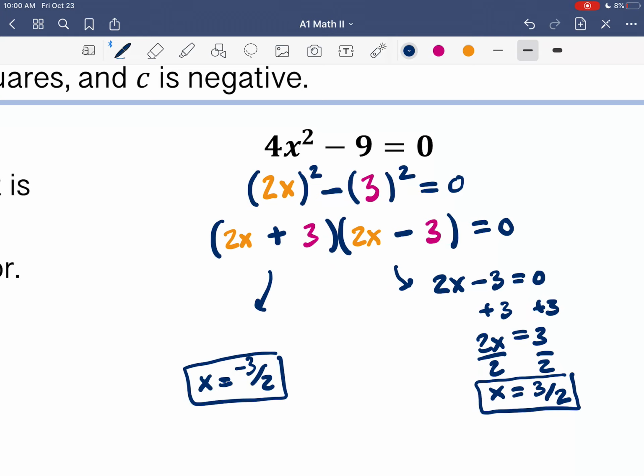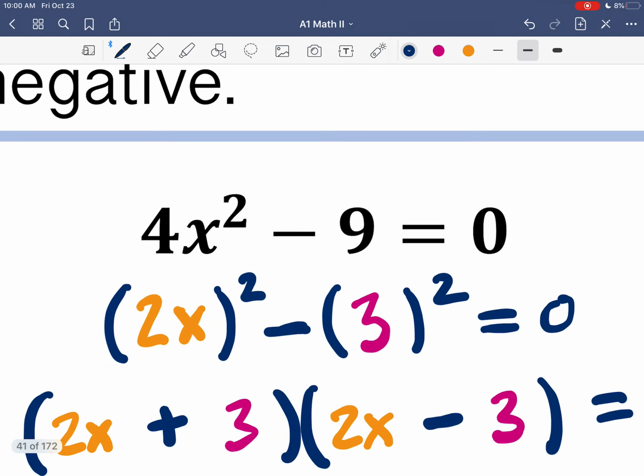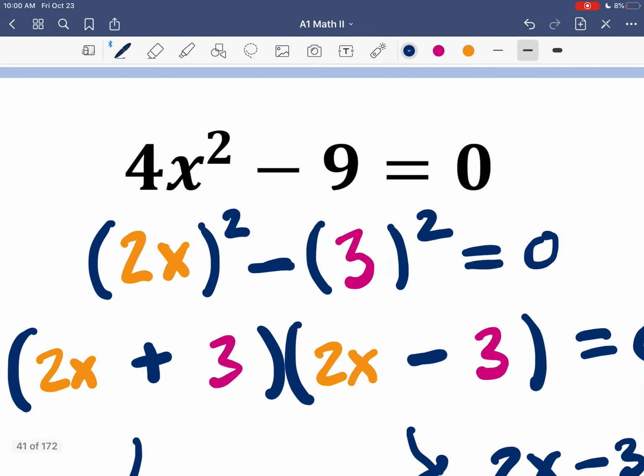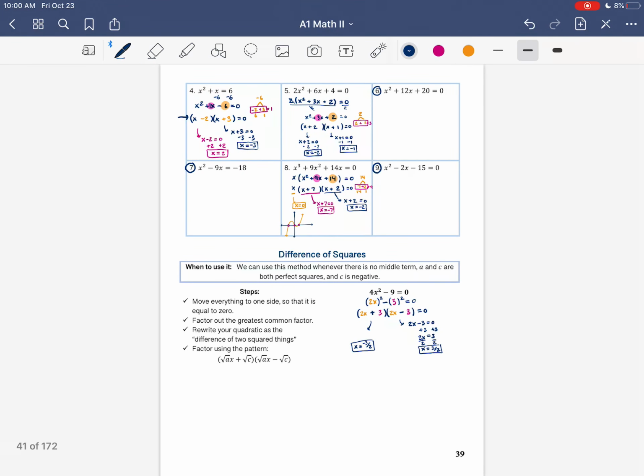That also works. So it's useful in a very particular situation, and in that situation you can also use a different method to solve it. The only way you'll be using this is if it's asking you to factor something that's a difference of squares. Anyway, that's my spiel on that.